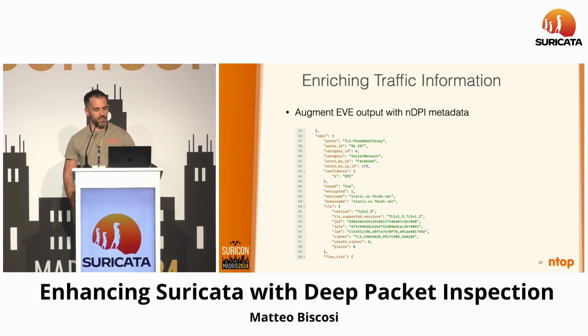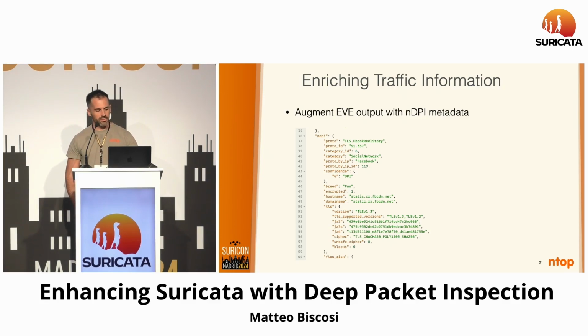Here you see the application protocol, actually the transport.application, as Luca said before. We also export the category, in this case social network, because this is the Facebook application protocol on top of TLS. The confidence tells us if this protocol has been detected by a dissector in nDPI, or if nDPI is guessing the protocol based on the port, for instance.